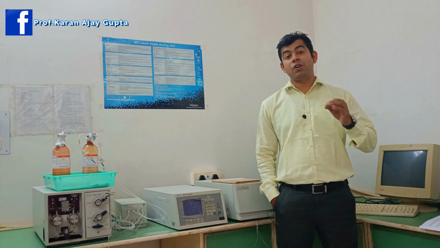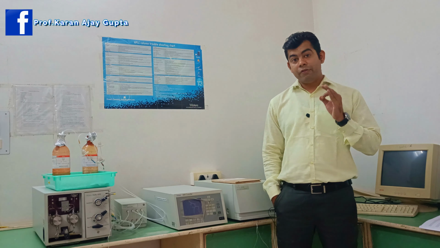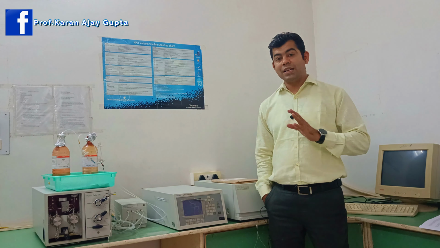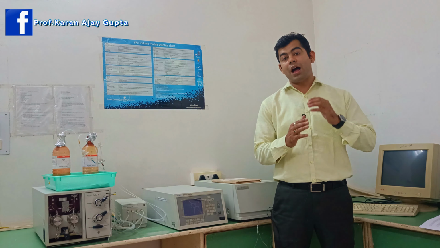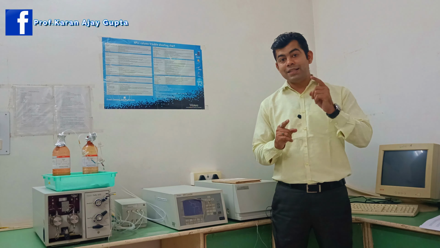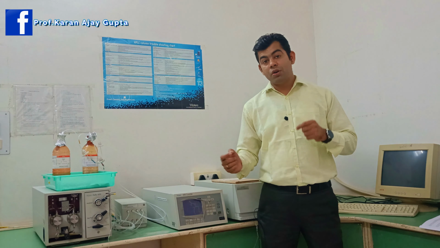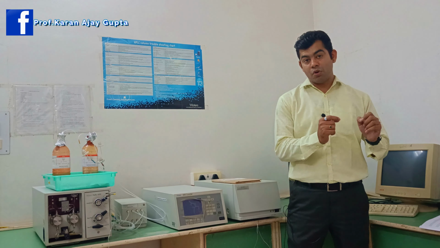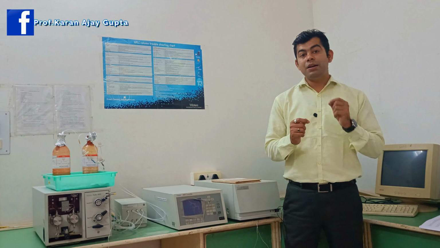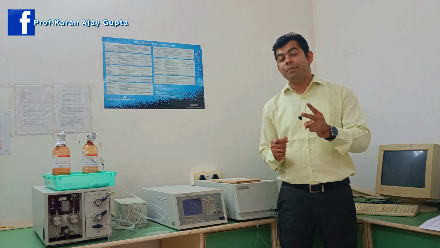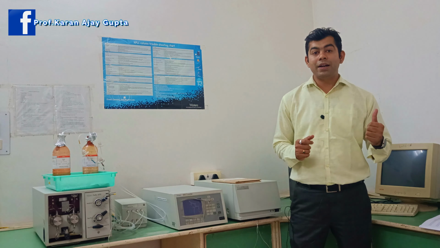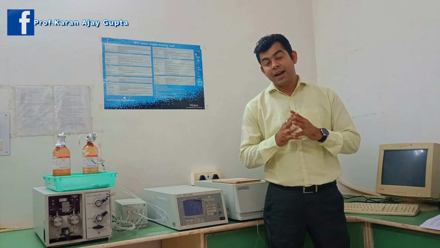The third parameter is the elution technique. The elution technique is one of the most important ways HPLC is classified. If an interviewer asks you a question, you can give the answer according to elution technique. It is called isocratic mode or gradient mode. I will explain what isocratic mode and gradient mode are. The elution technique contains two types of HPLC: isocratic HPLC and gradient HPLC.